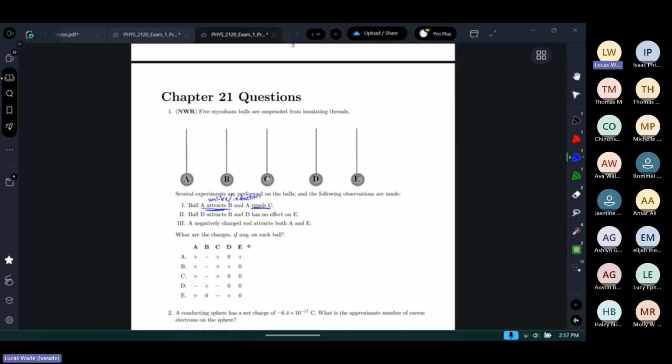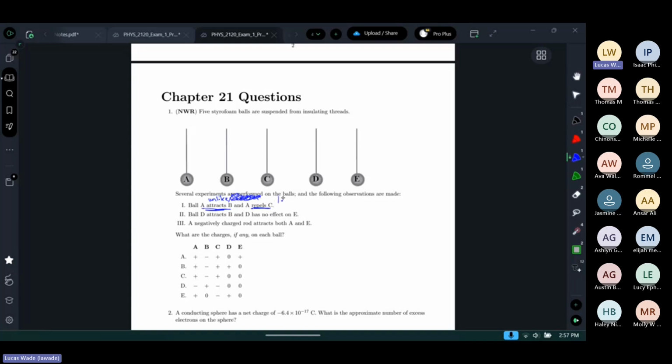But then I see that A repels C. You don't get repulsion from induction. No matter what the arrangement of charge is, you always end up attracting the can or whatever it is. So because A can repel something, it definitely does have a charge. And so A has a charge. B technically could still be uncharged and just attracted by induction.